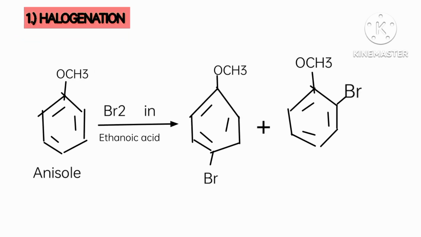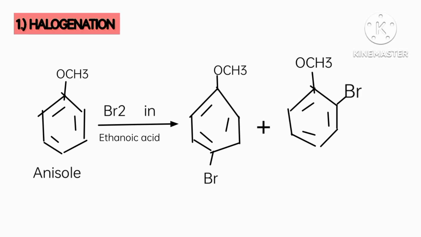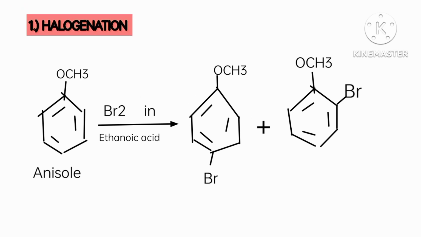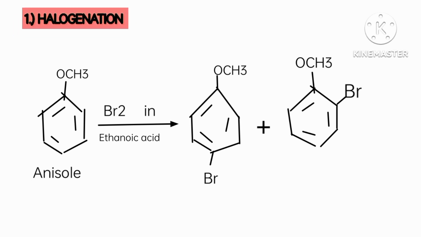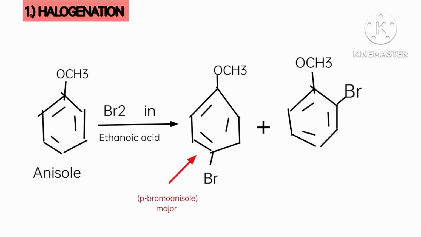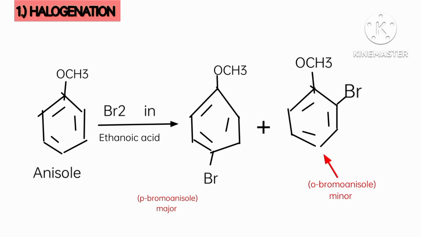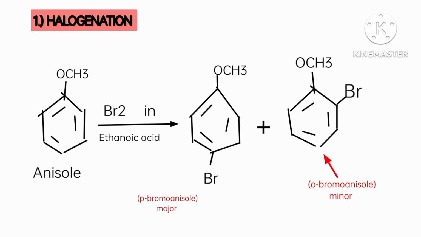Anisole undergoes bromination with bromine in ethanoic acid even in the absence of iron bromide catalyst. This reaction produces p-bromoanisole as the major product, and this one is the ortho-bromoanisole minor product.